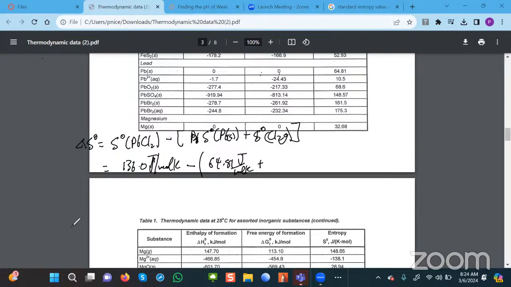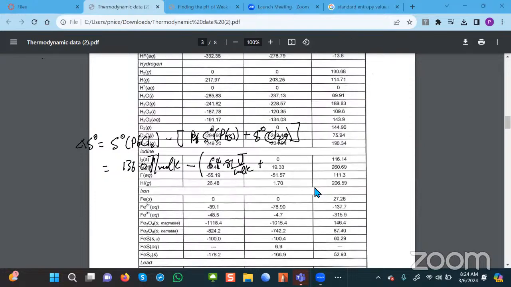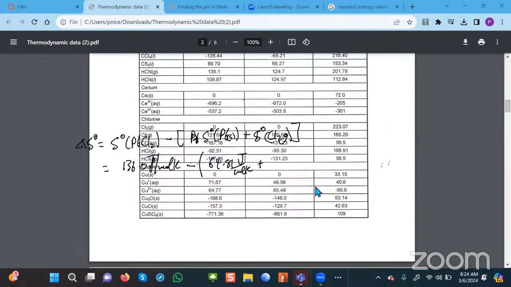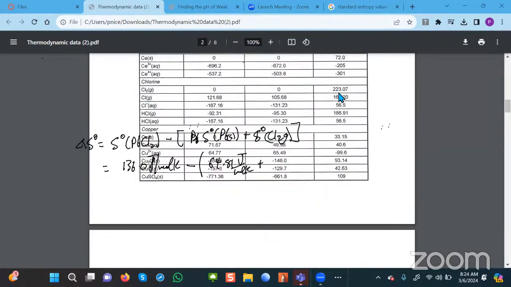So now I have to scroll up to find the value for chlorine. And for chlorine, the value is 223.07 joule per mole Kelvin. All right.